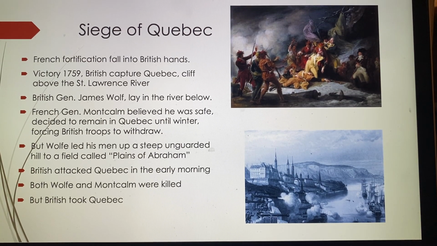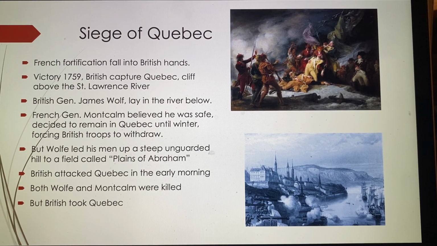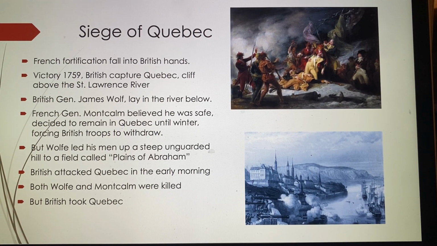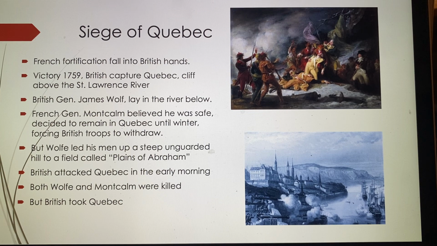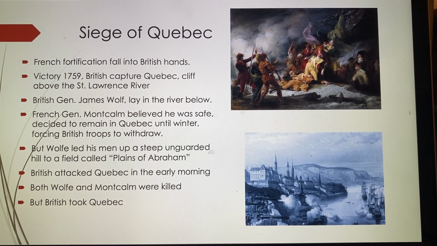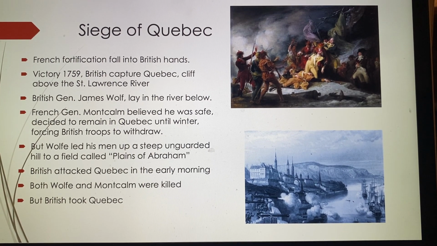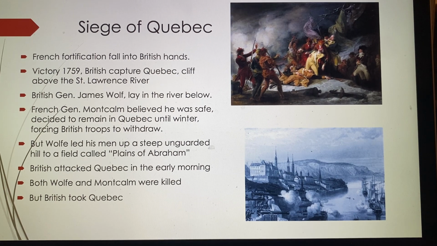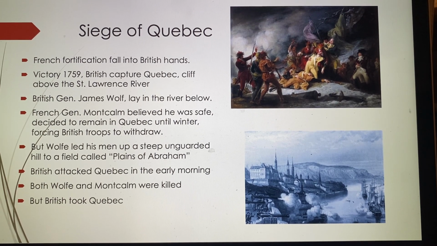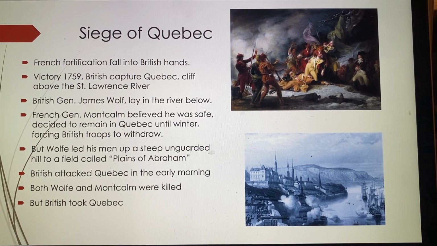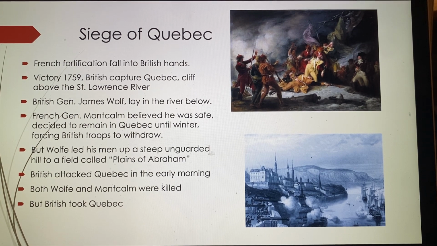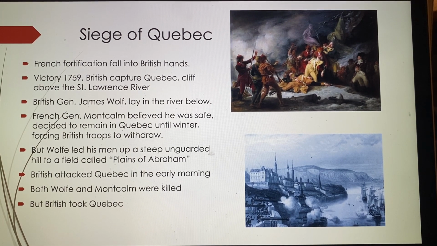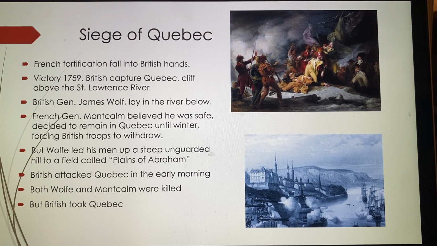The Siege of Quebec was the turning point, though. The French fortifications in Quebec, Canada, fell into British hands. As a victory in 1759, the British captured Quebec from a cliff above the St. Lawrence River. How did this happen? Well, the British general, James Wolfe, lay in the river below.